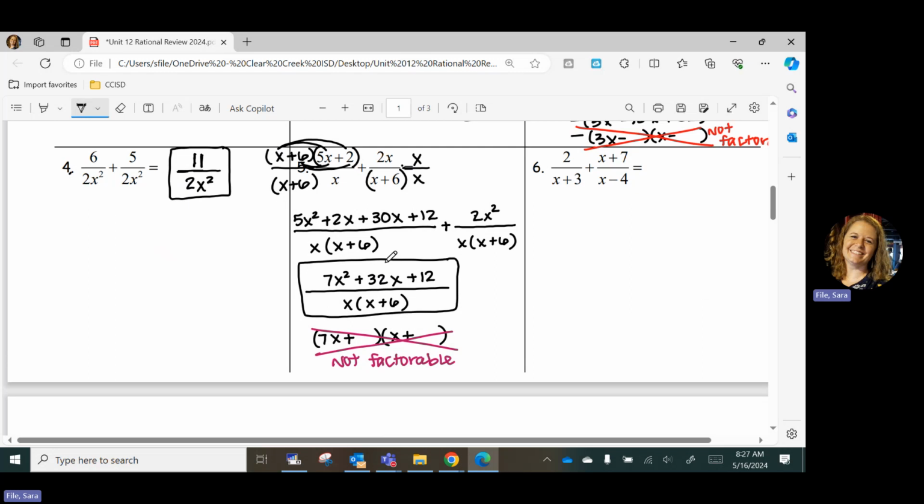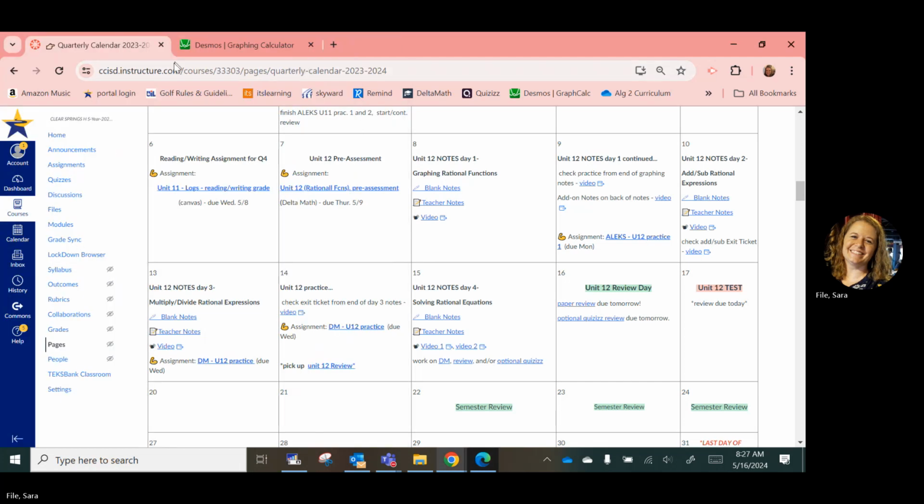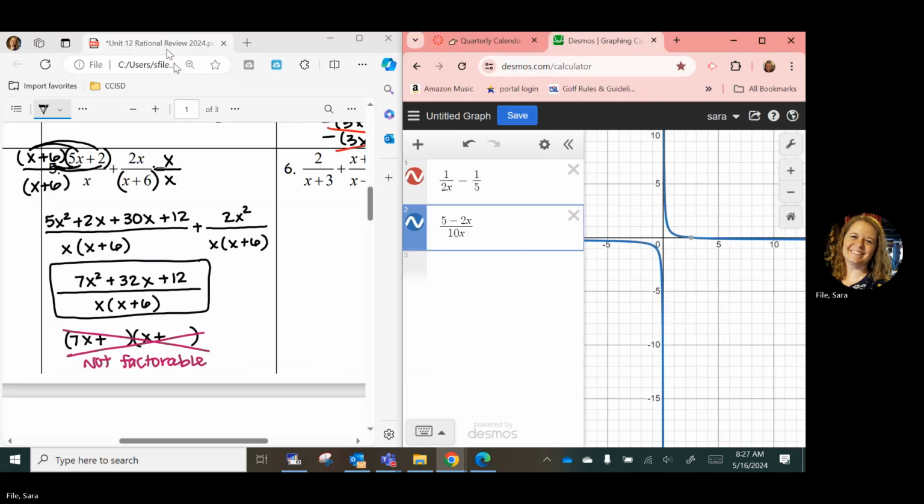All right, don't forget, I didn't show you on number 4. I'll show you here on this one. You can check if you're not sure, especially in one that you thought you were trying to factor and it didn't work. It was a little more complicated. 4 was not complicated, but this one was a little more complicated. So if you're unsure, you can always check your work in Desmos.